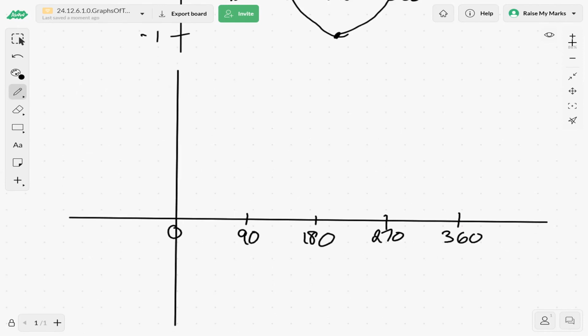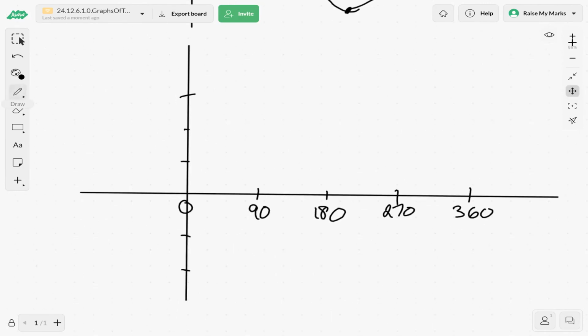And now our amplitude is 3. We've stretched everything by a factor of 3. 1, 2, 3.